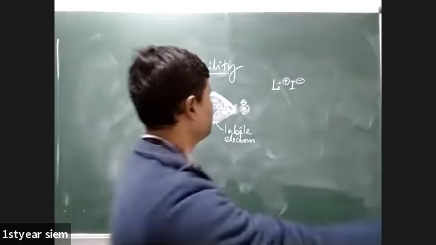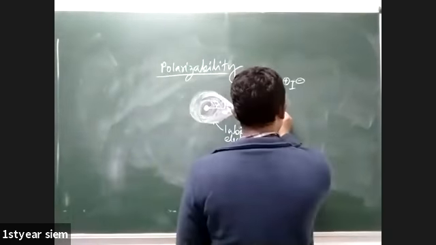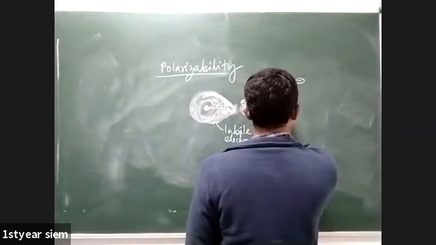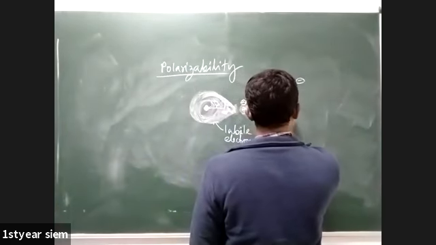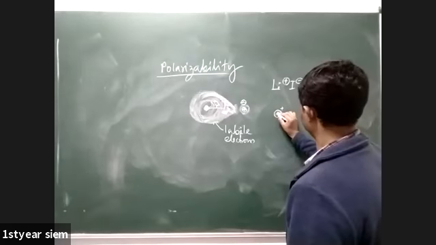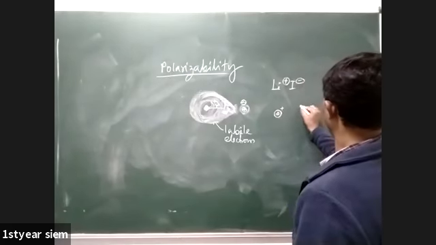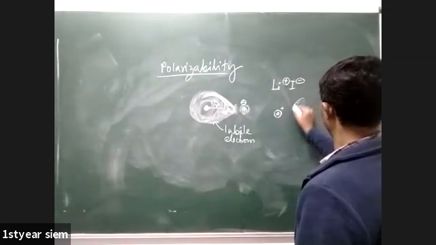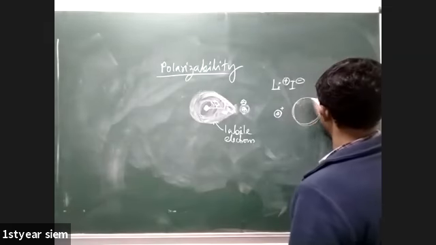How? Because lithium is a very small atom, lithium plus, and iodide is a very large atom, negatively charged.